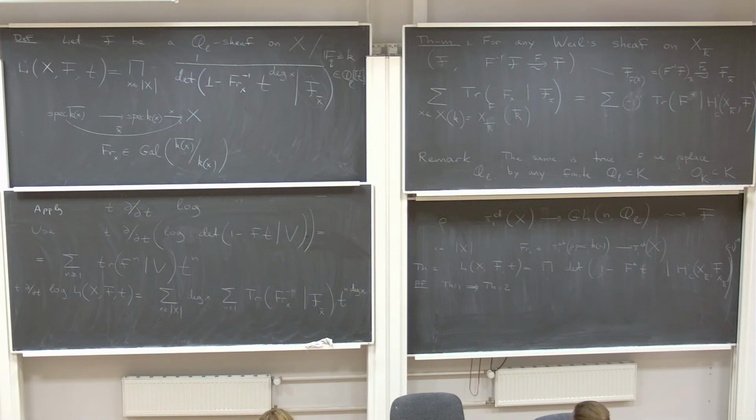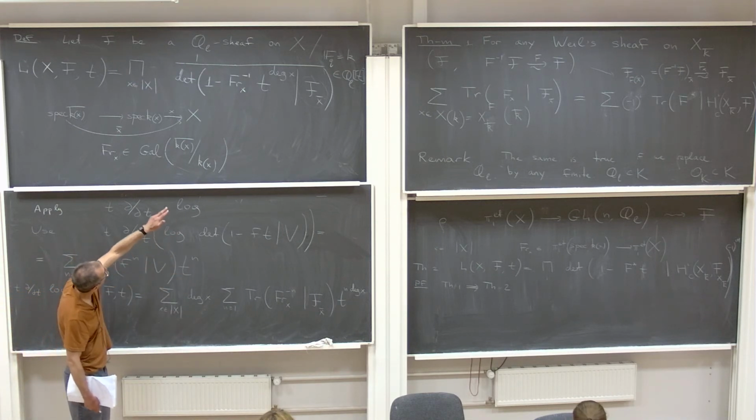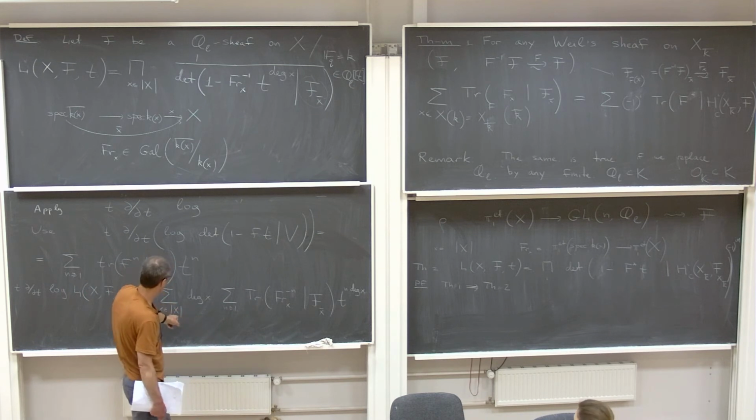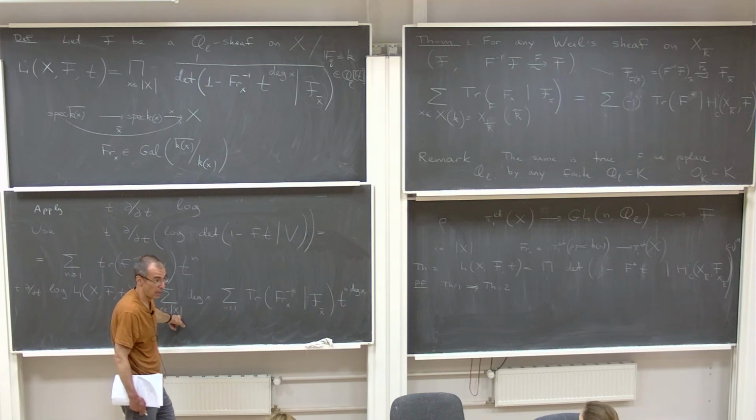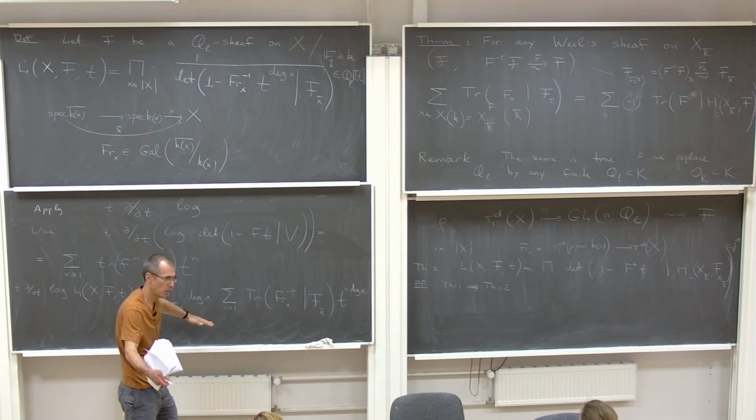And now I want to relate closed points of X with k-bar points of X. If I have a k-bar point of X, which means a map from Spec of k-bar to X, its image is a closed point.